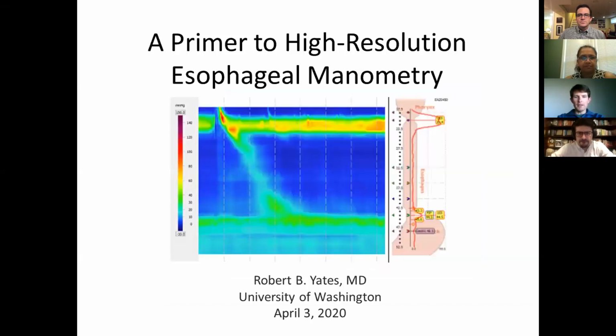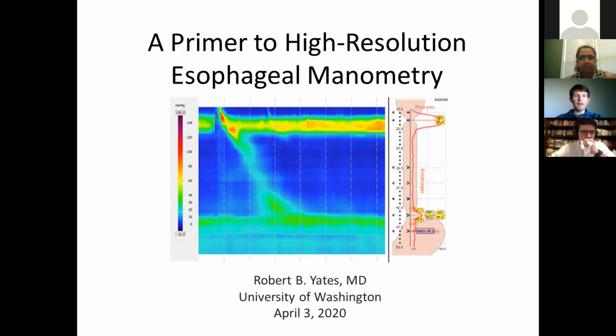So I was asked to give a brief overview of approaching high resolution manometry. For the next 10 to 15 minutes, I'm hoping to give you an idea about how to approach these studies. My guess is that in our audience now and in the future, there's going to be people with a broad range of experience with high resolution manometry.